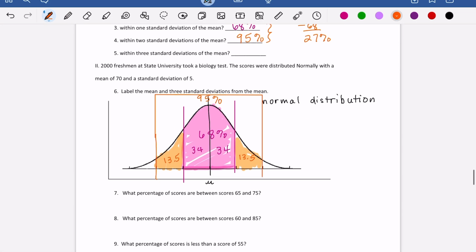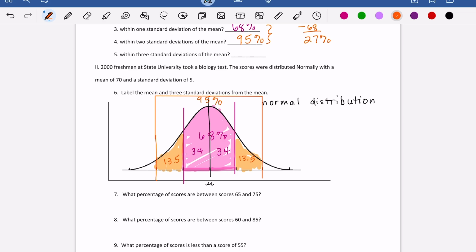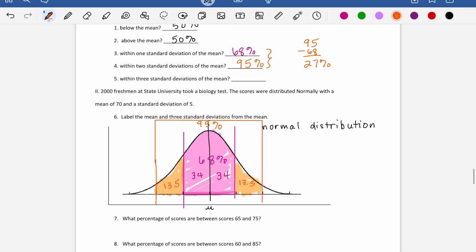And then within 3 standard deviations of the mean, we just discussed that. That is 99.7% of the data. So we're adding in 99.7 minus 95, which is 4.7% of the data.